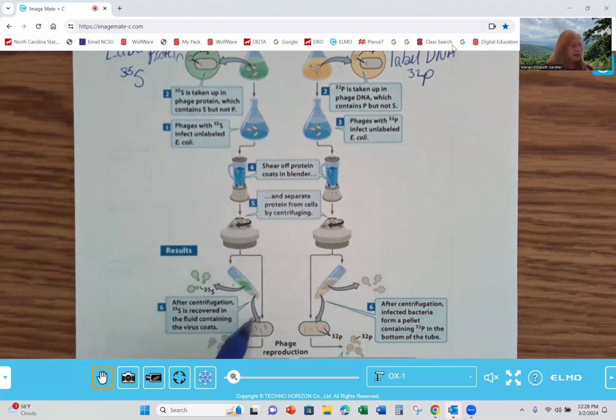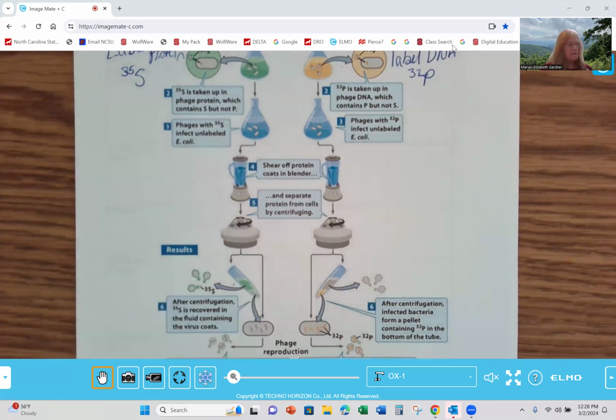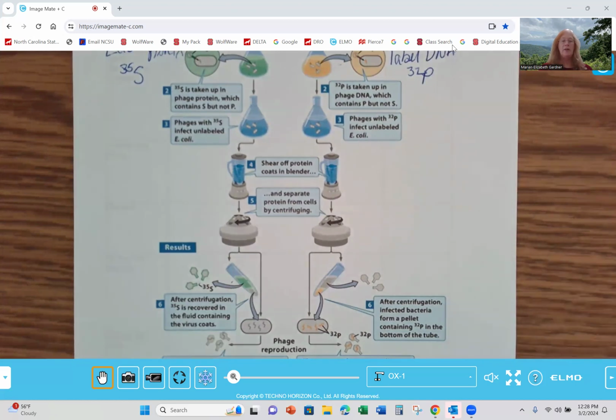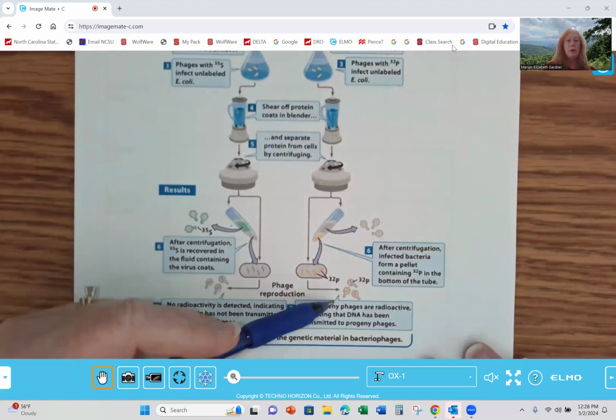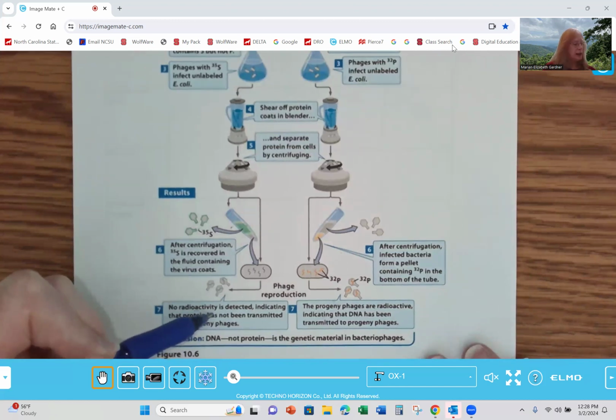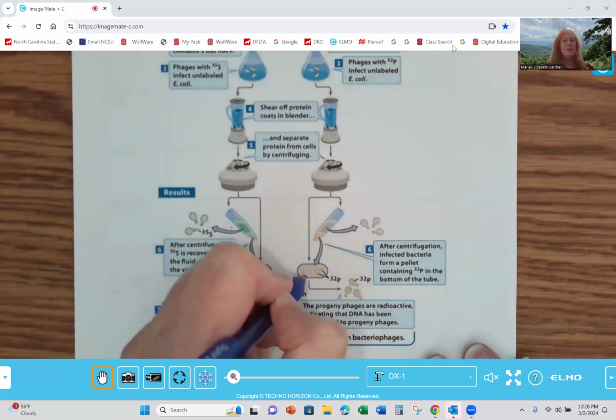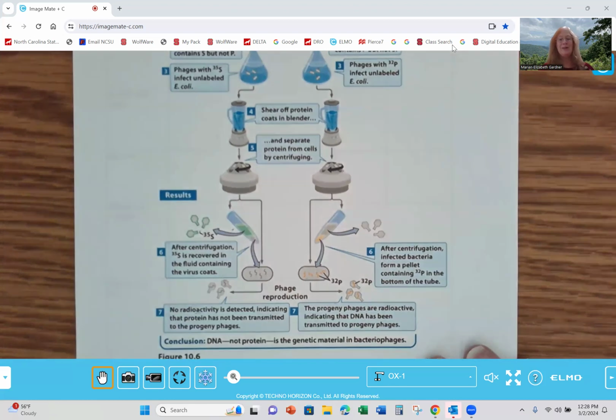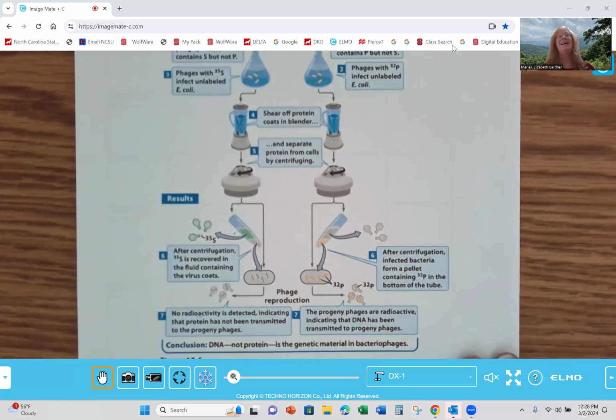Now, in both of these cases, they could take some of the cells and allow them to grow a little longer, and sure enough, they would lyse. So in both cases, we got infection. However, only P32 was in the cells, which means that P32 labeled DNA.